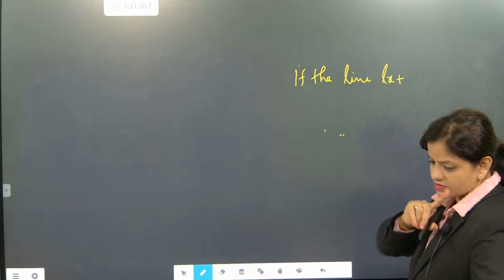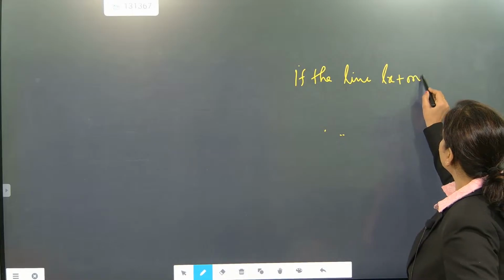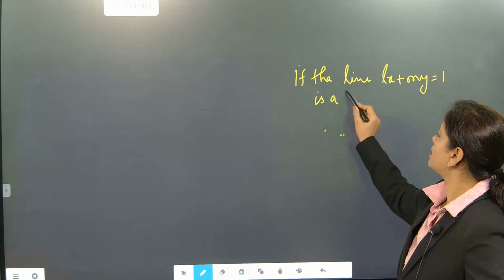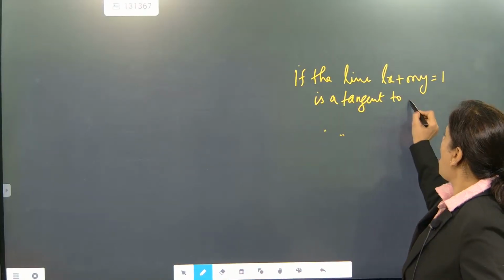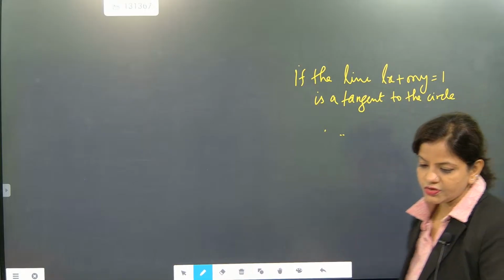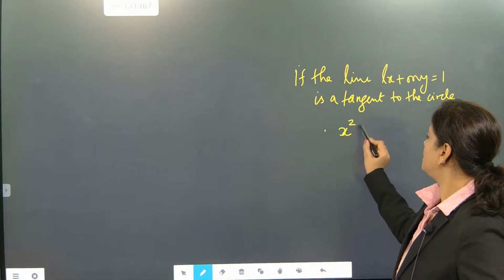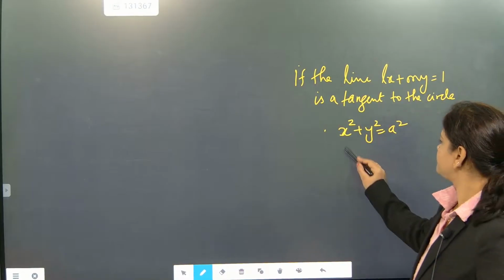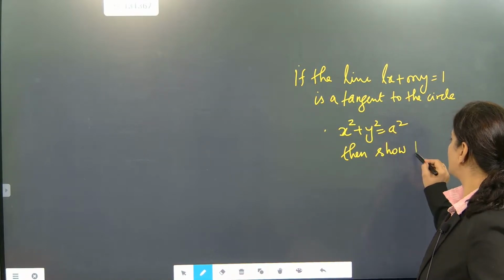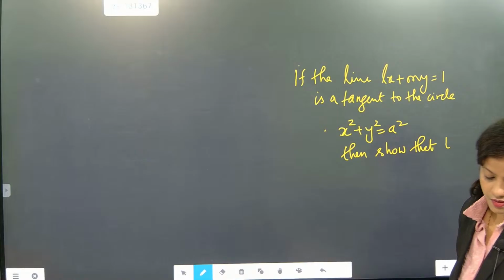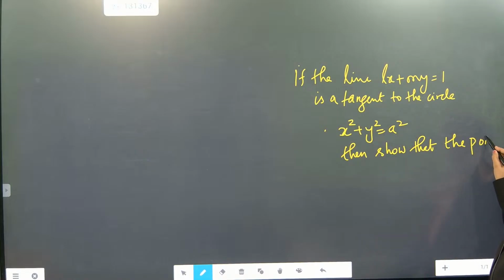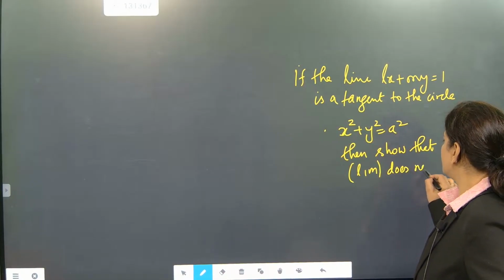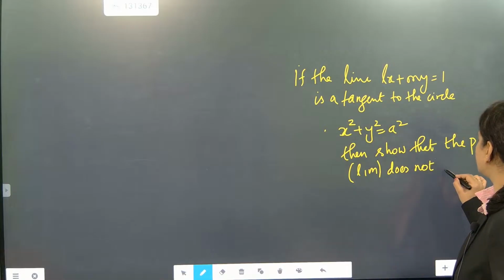If the line lx plus my equal to 1 is a tangent to the circle x square plus y square equal to a square, then show that the point (l, m) does not lie on the circle.